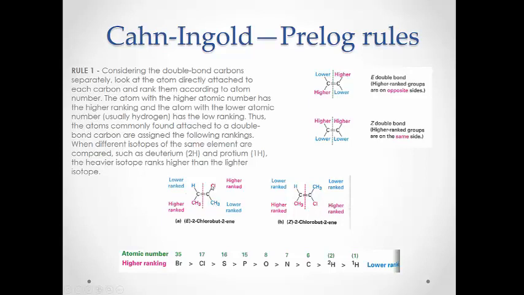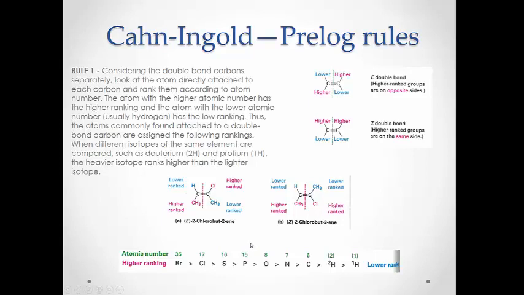Here we have carbon and chlorine. Chlorine's weighting is 35.5, and carbon again is 12. So you can clearly see that chlorine would have the higher ranking because it has the higher mass. We usually go by atomic number, but if you go by mass number, it's the same thing.